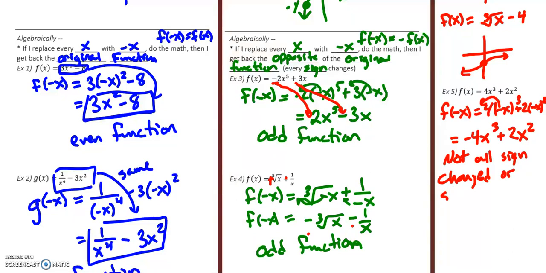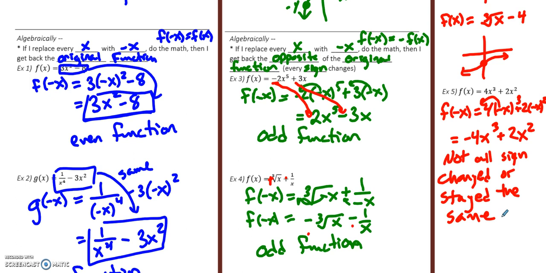That's why it is going to be neither even nor odd. If you were to graph this function, you would find that it does not have symmetry with respect to the origin or symmetry with respect to the y-axis.